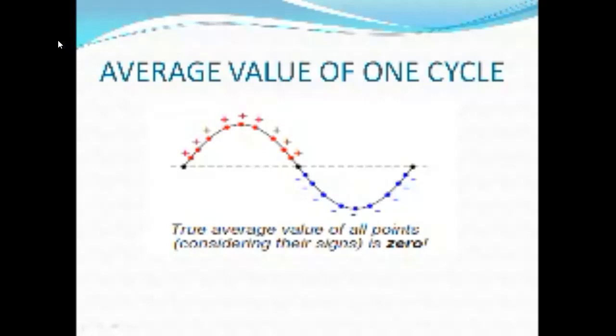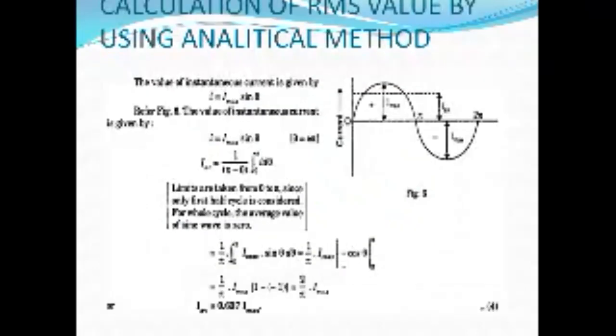If we connect the alternating quantity or a steady DC current to a certain circuit, and for a particular time that current transfers a particular amount of charge, then the same amount of charge will be transferred by the alternating current, and that current is known as the average value. So analytically and graphically, we can find the average value. Now we will find the average value analytically. This is the analytical method for finding the average value.